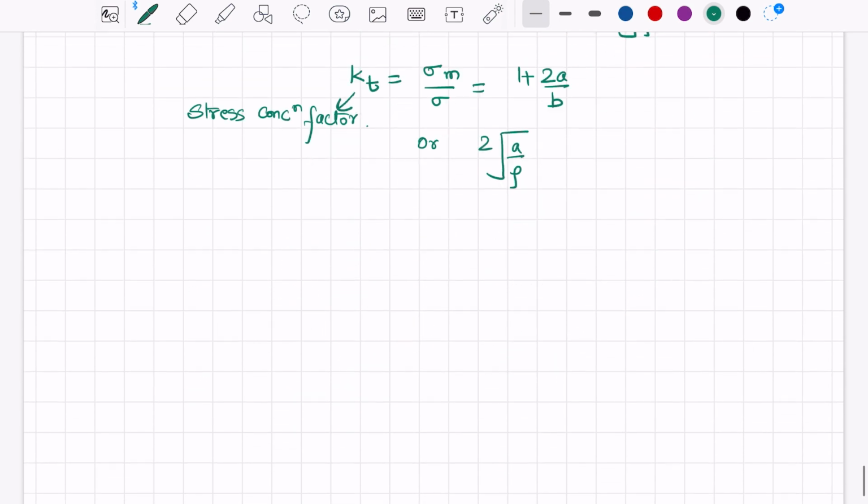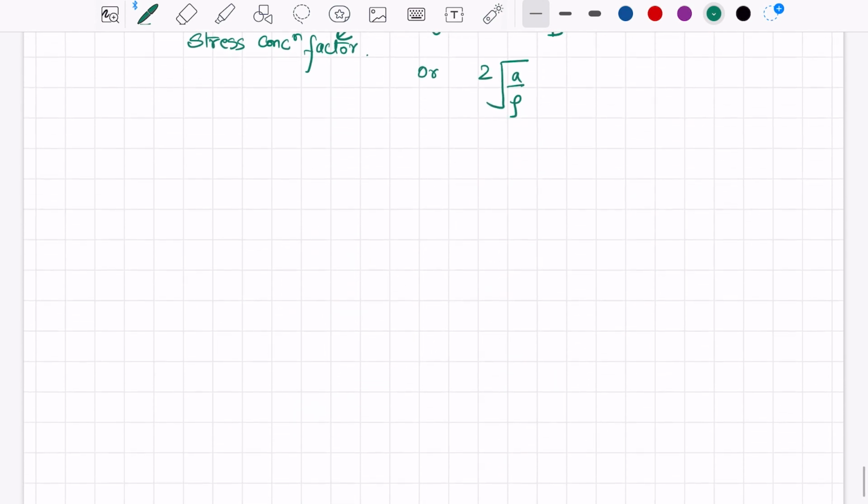Now if we see the equation of stress intensity factor in a more general way, we can write in general K is equal to, or Kc is equal to y sigma f root pi a.